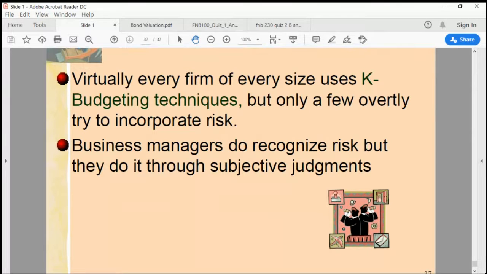All right, that's it for today. So this wraps up everything about real options. We'll move on to capital structure and leverage in the next class.